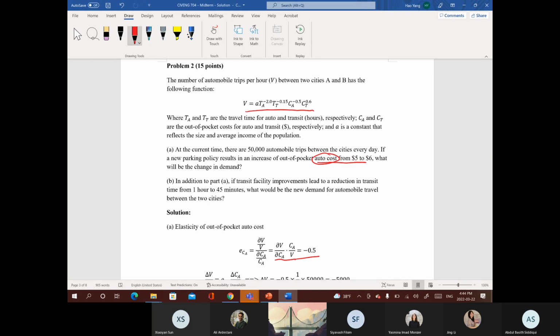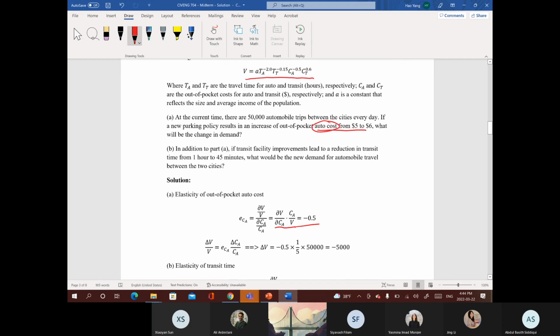In this case, you get the result as minus 0.5. If we increase the price from 5 to 6, that means you increase the price by about 20%.